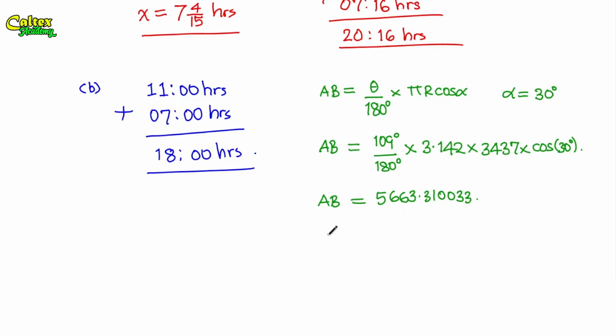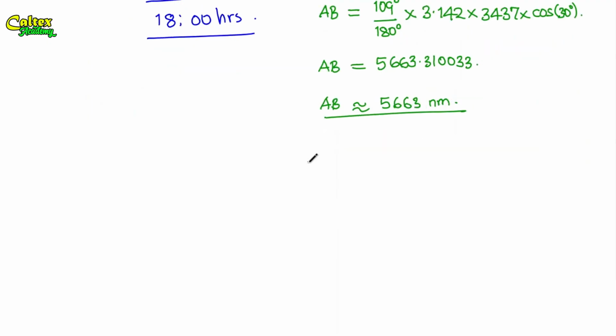Now we can round this to a whole number, and the distance AB is given by 5,663 nautical miles. After that, we know our distance already, so what we have to do is to calculate the average speed, since the time is also 7. So time is equivalent to 7 hours.